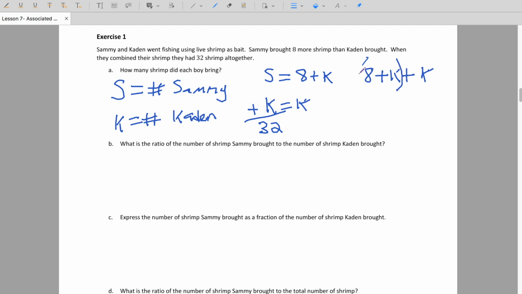Because this 8 plus K, remember, Sammy bought 8 more than Caden, so 8 plus K is the same thing as however many Sammy bought. And K is equal to how many Caden bought. So 8 plus K plus K is the same amount as S plus K. This equals 32.